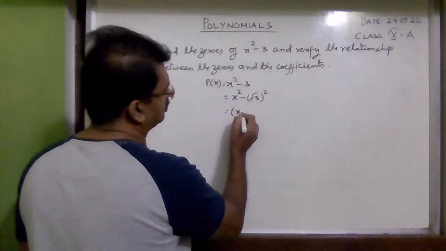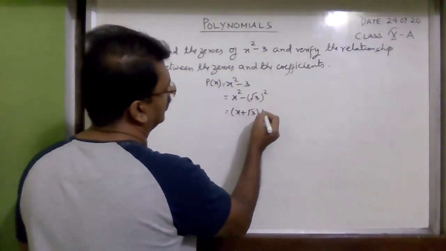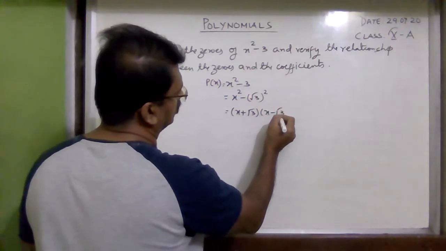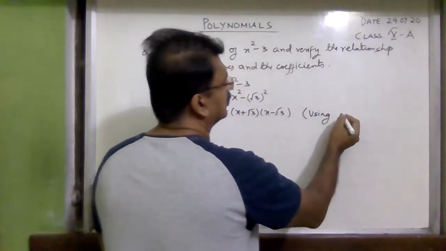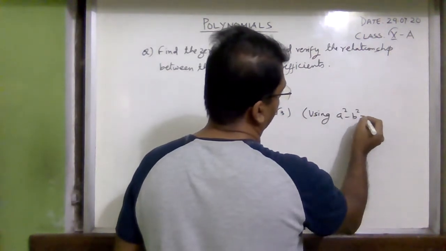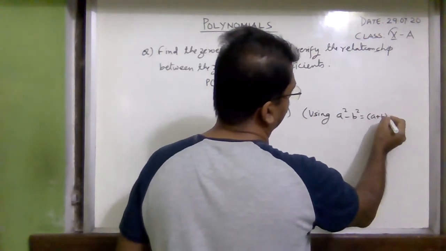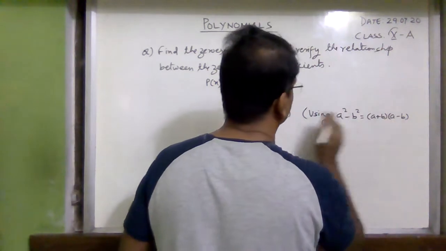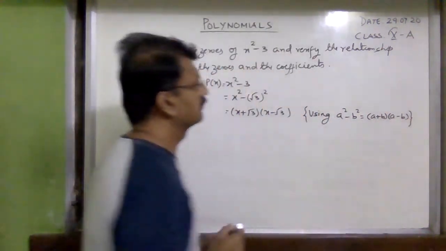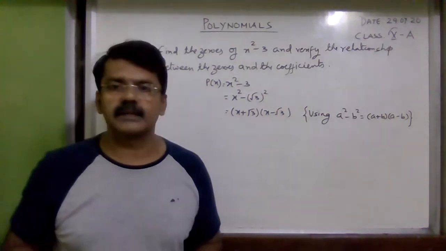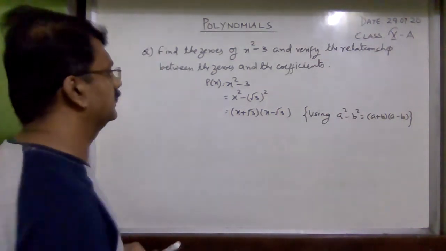So it is x plus root 3 into x minus root 3.